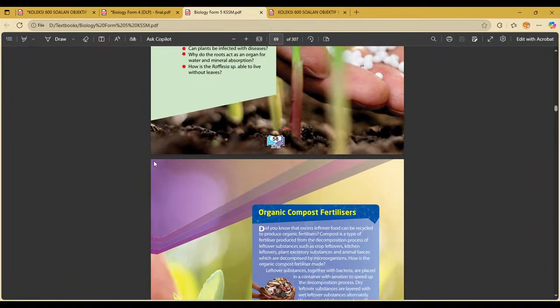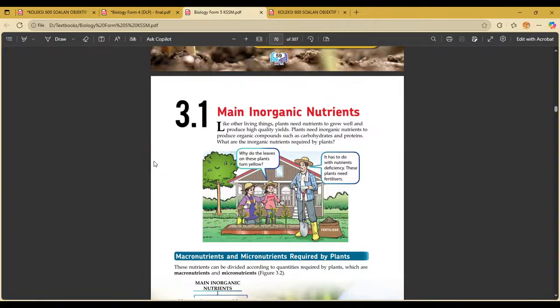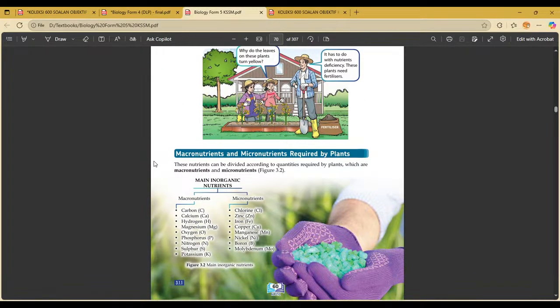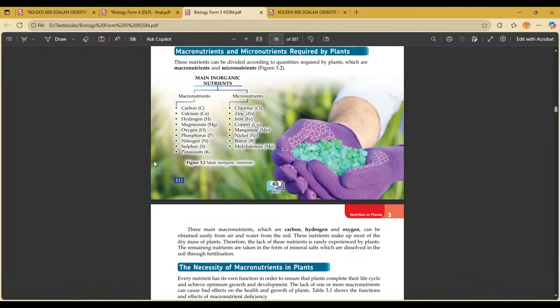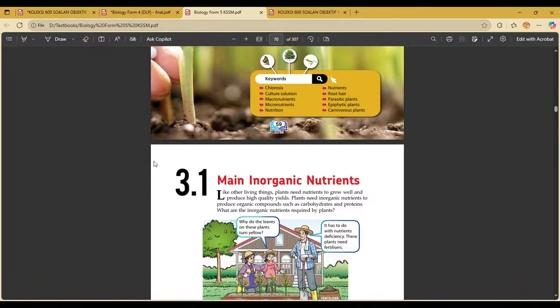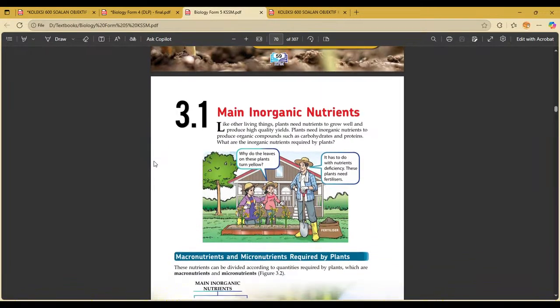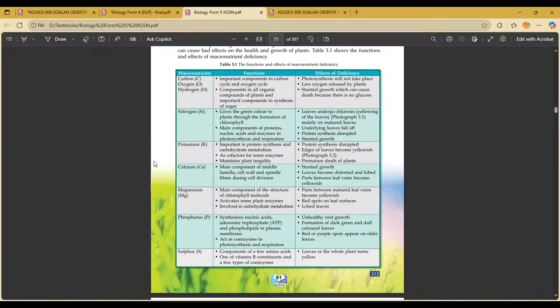Nutrition in plants. The main inorganic nutrient. The main organic nutrients.